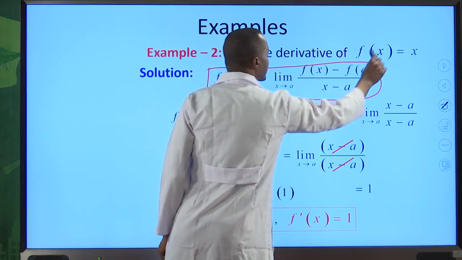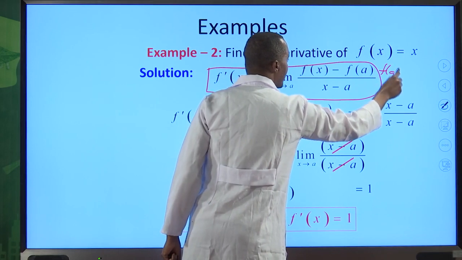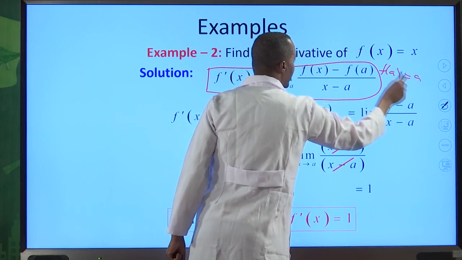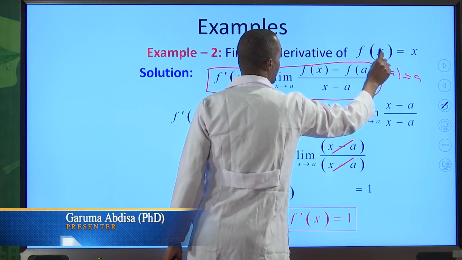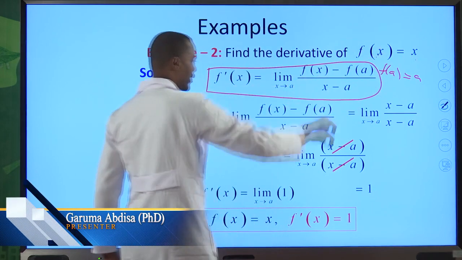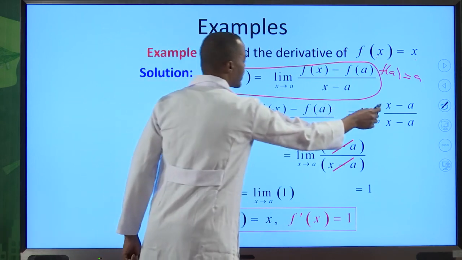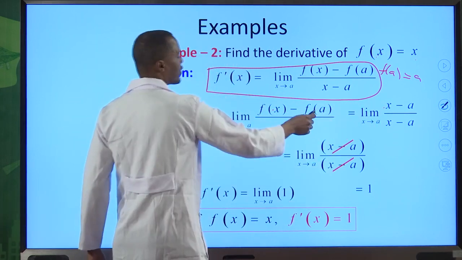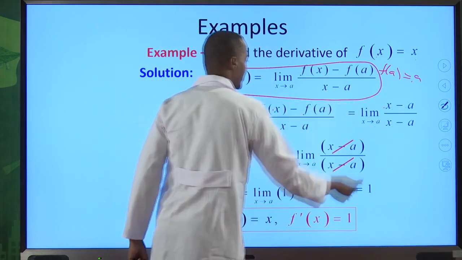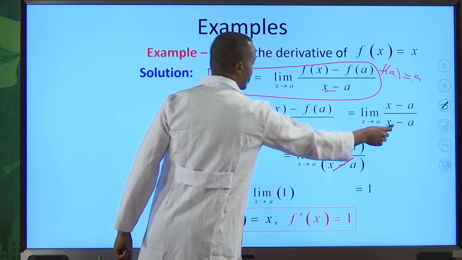Because my f of x is x, my f of a is also equal to a. f of x is x, f of 2 is 2, f of 100 is 100, f of a is a. That is the way that function is behaving. So my f of x is x, my f of a is a. In the denominator, already in my formula, I have x minus a. I will just keep that.